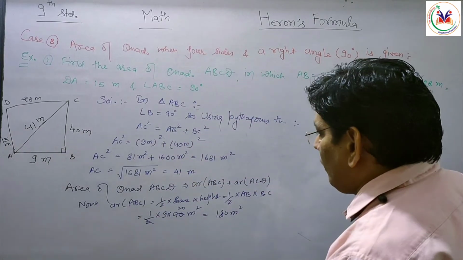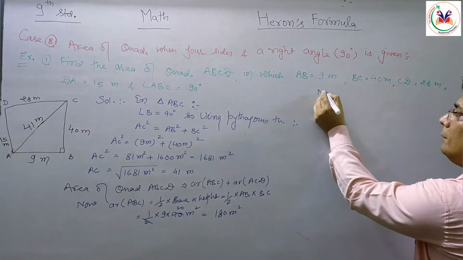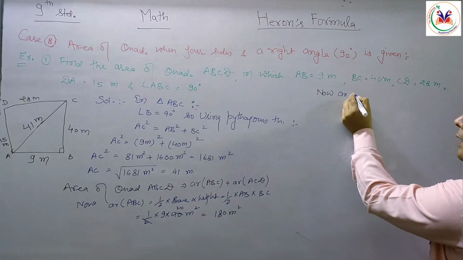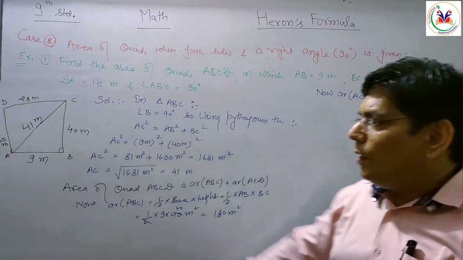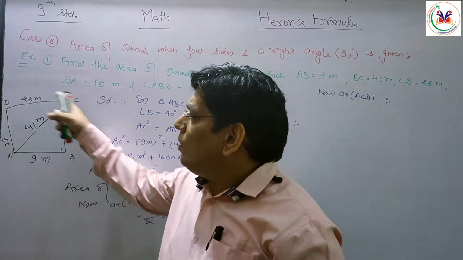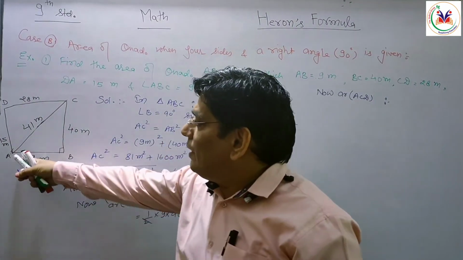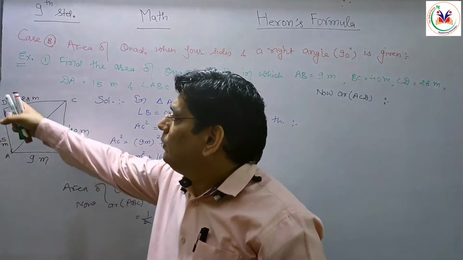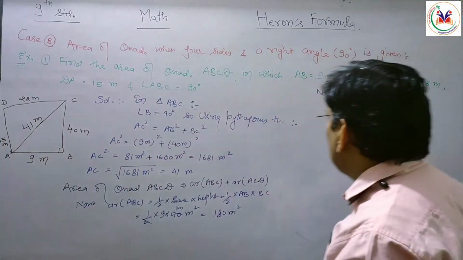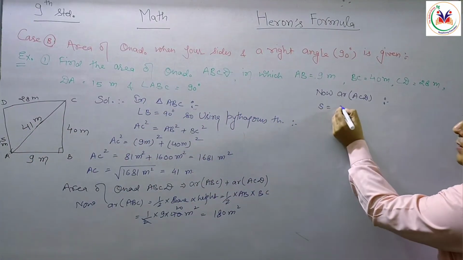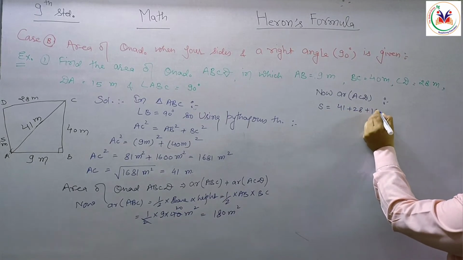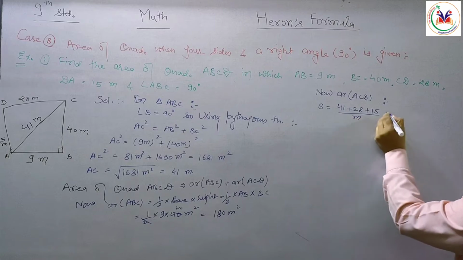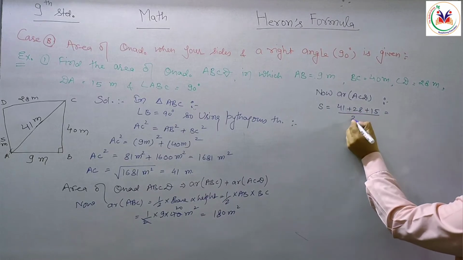So now area of ACD. Using the Heron's formula, we should find the area of ACD. Again, ACD के लिए हमारे पास sides हैं 41, 28 and 15 meter. So we should calculate 41 plus 28 plus 15 meter, and then we should divide by 2.